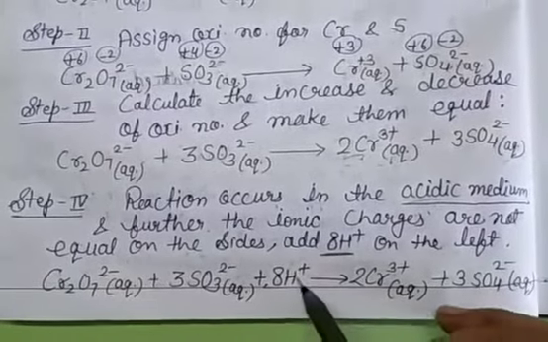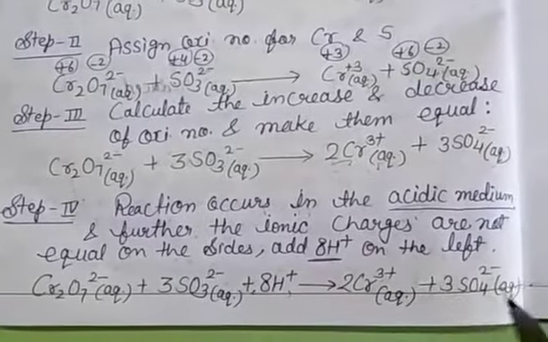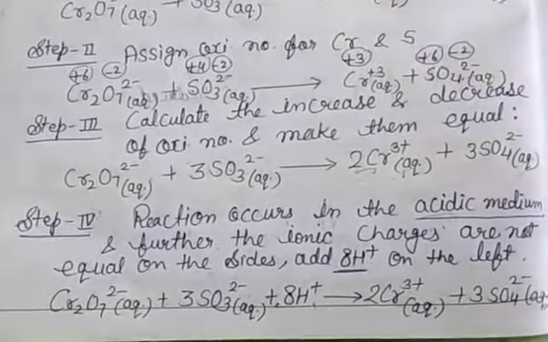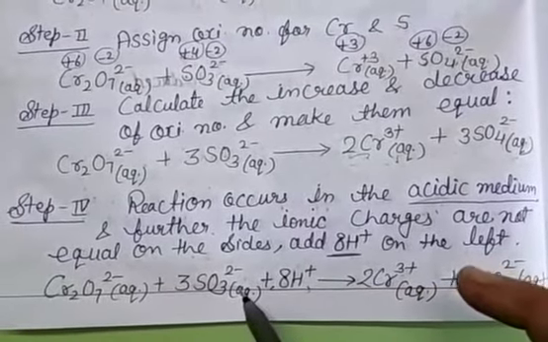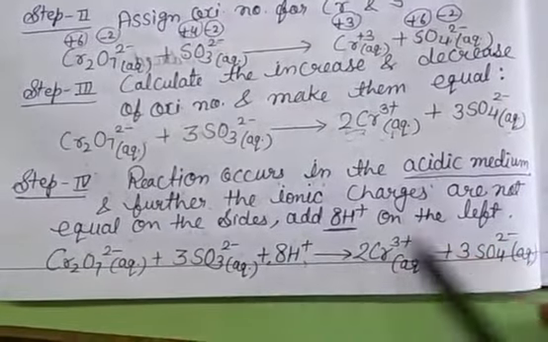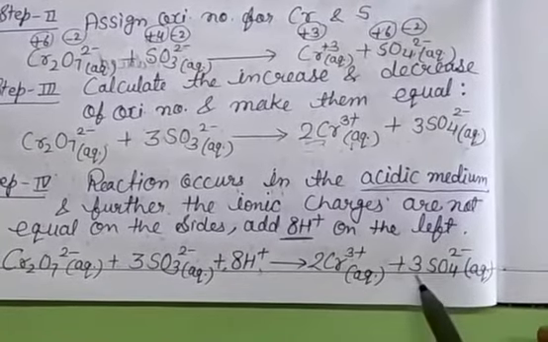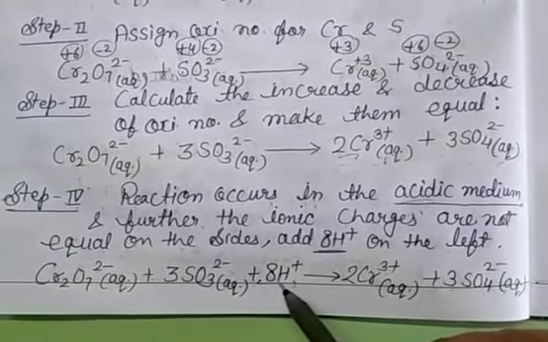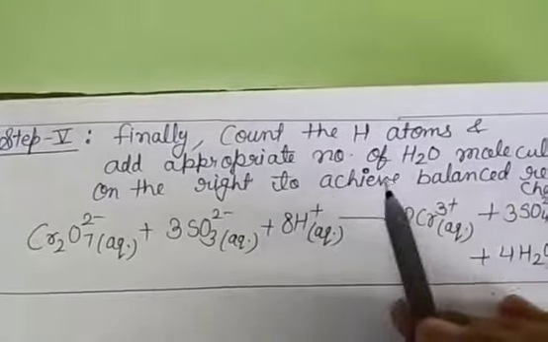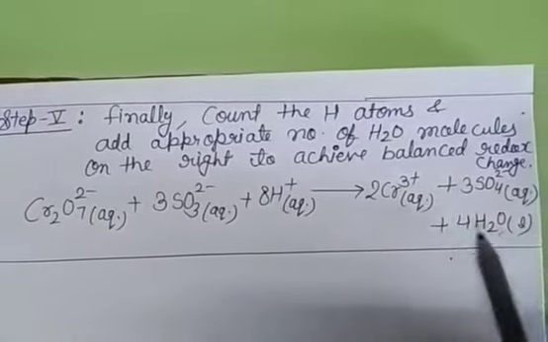How many H plus ions we attach depends on the oxygen. So here you see 7 and 6, so 13, and on the right side there are 12. So to make them equal, on the left hand side we have to attach 8 H plus. And then step 5, finally count the hydrogen atoms and add the appropriate number of water molecules on the right side.